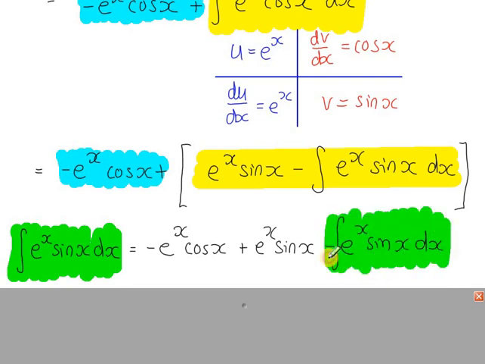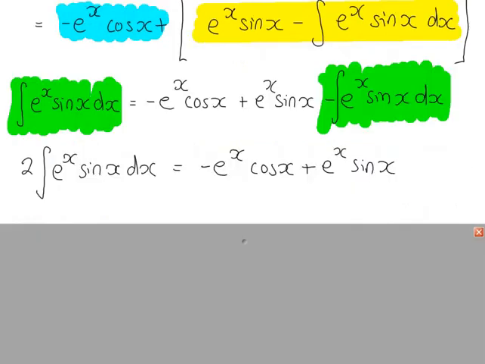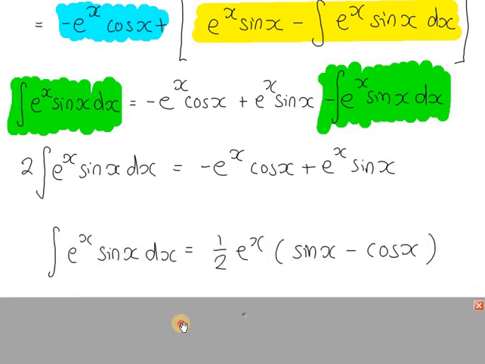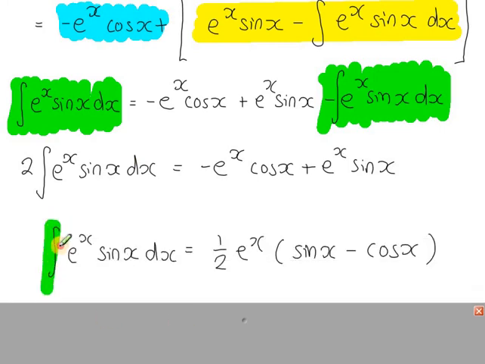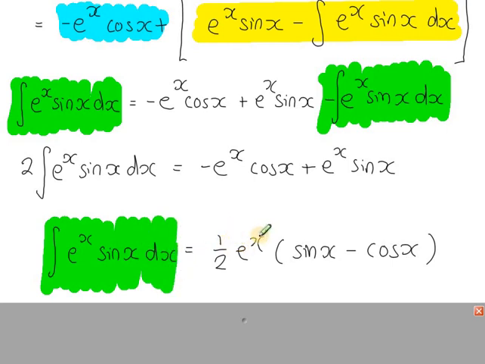That's got a minus in front, so if I move this term to the left hand side, we get two lots of this, like this. Then all we need to do now is divide by 2 throughout, and the integral of e to the x sine x is a half e to the x bracket sine x minus cos x, and we can add on our constant of integration. For practice, try these questions.